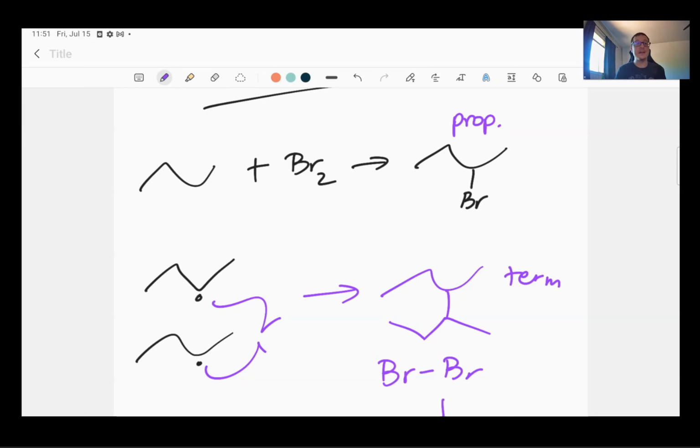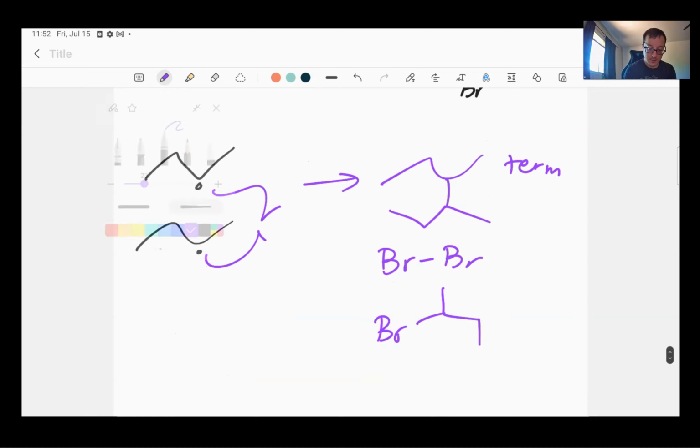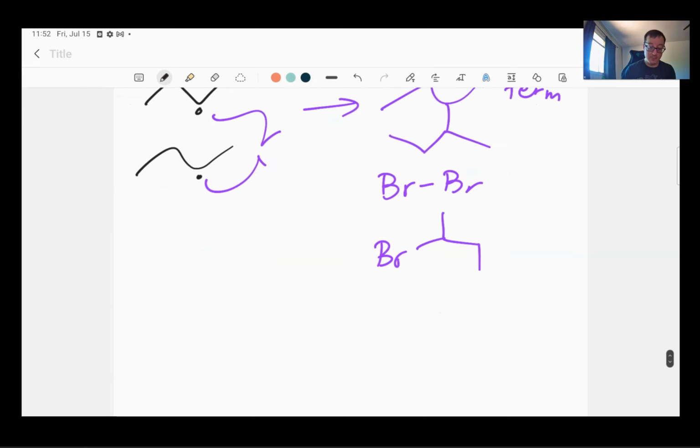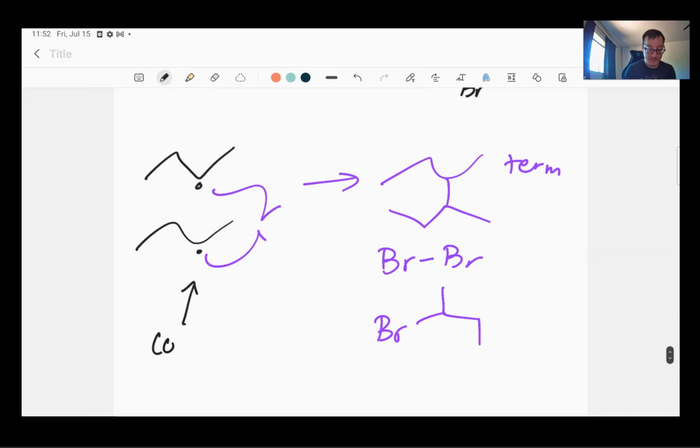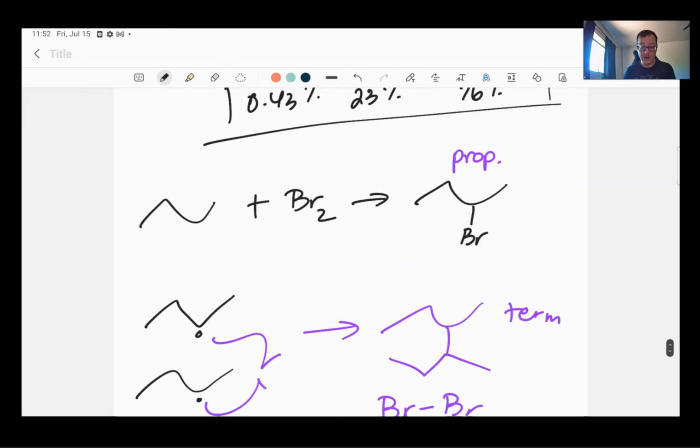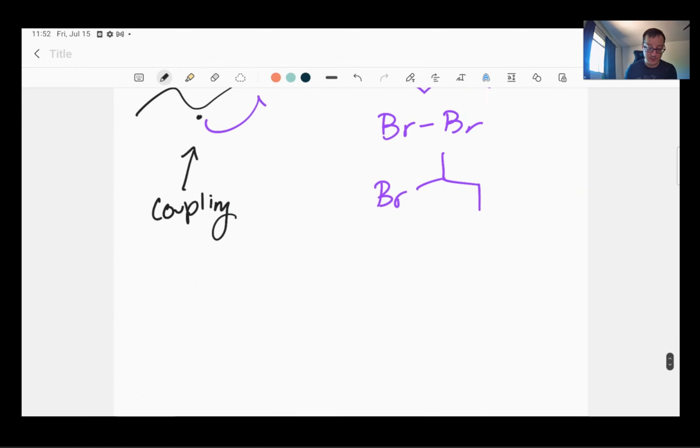All right, so you can see how things are coming together. Also, although I didn't do it on the worksheet necessarily, make sure you know, for example, this would be a coupling. We're taking two of the radicals and coupling them together. We want to be able to identify this very first step as homolytic cleavage.